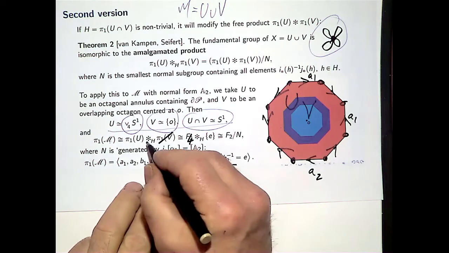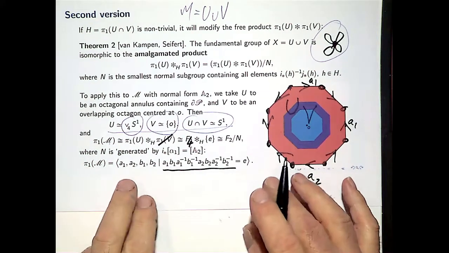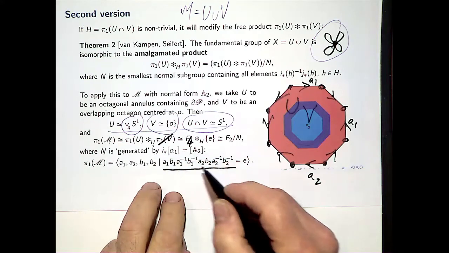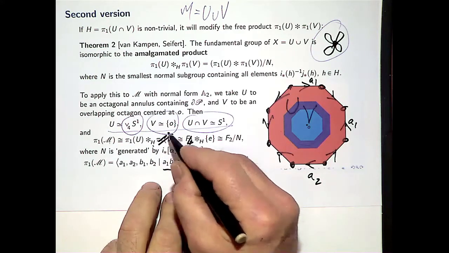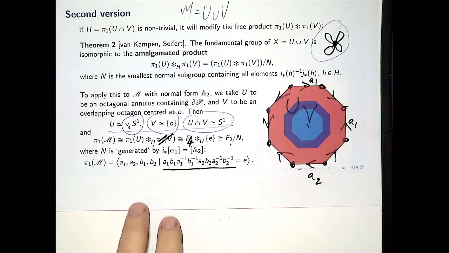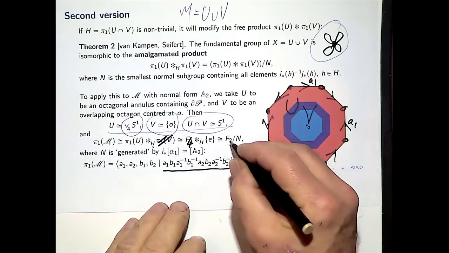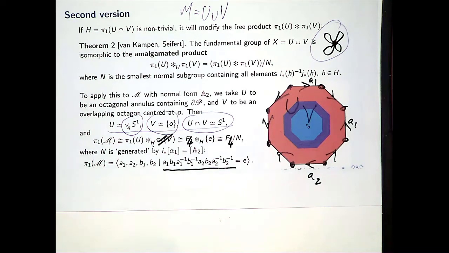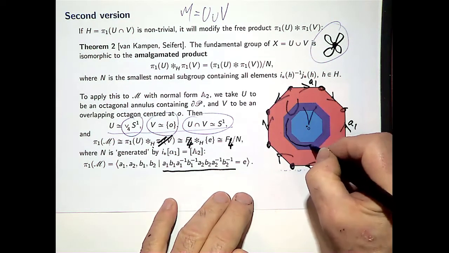Excuse me. So we actually just get, well, we do care about H actually a bit, because we have to worry about the relation coming from the intersection. So we've got the free group on four generators, but we have to worry about the relation coming from the intersection, which is essentially this circle.